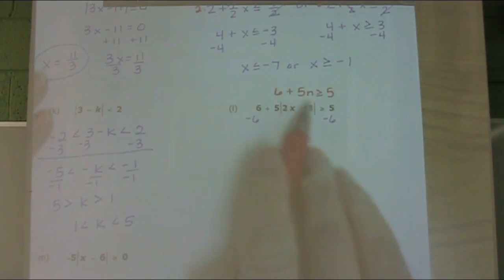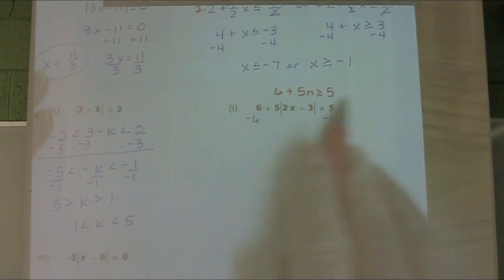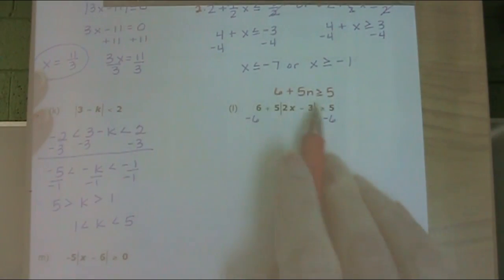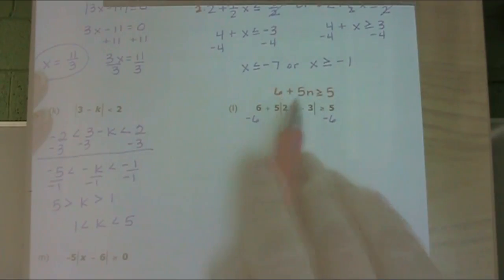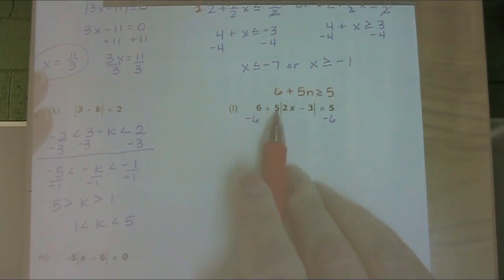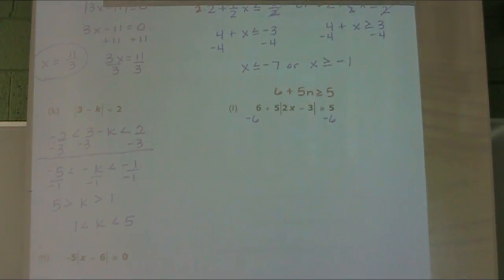Notice how I've just replaced this absolute value with an n. Yeah. The way that you would solve this is the same way you would do this. And just the same way you wouldn't add the 6 and the 5 here, you cannot add the 6 and the 5 here. You would subtract 6 and then divide by 5.